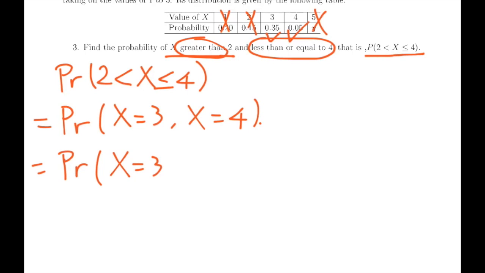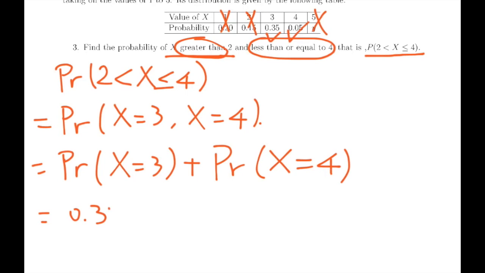Because the probability of x equal to 3 is 0.35, and the probability of x equal to 4 is 0.05, the resulting probability is equal to 0.40. So this is the answer for this part.